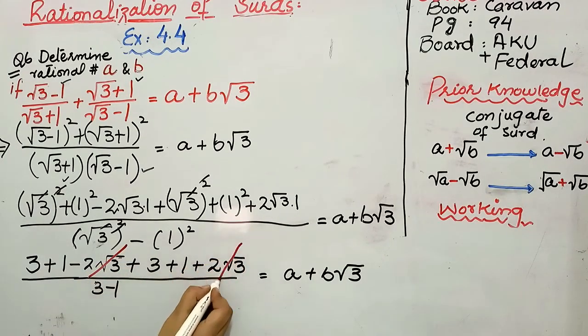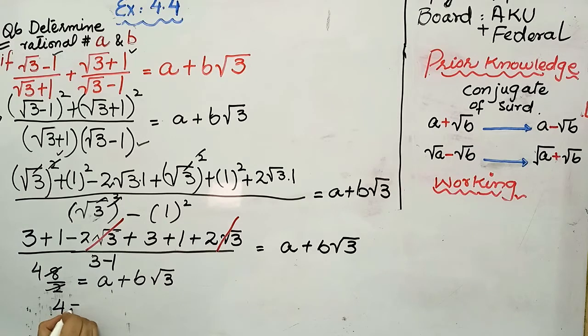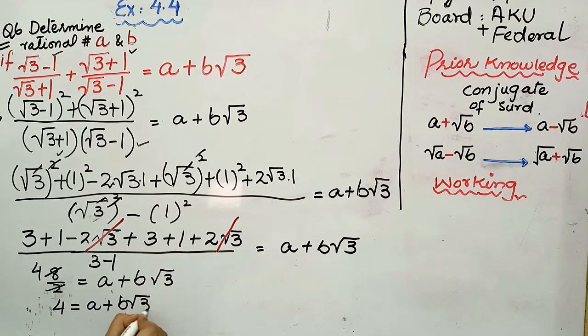This one is cancelled with this, so remaining, मेरे पास क्या आ गया? It will be 8 by 3 minus 1, that is 2. 8 by 2 is equal to a plus b under root 3. This is equal to 4 is equal to a plus b under root 3.